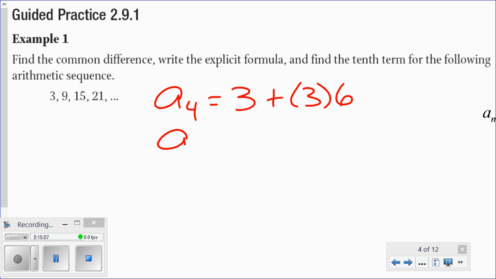So if we had a sub n, 3 is our a sub 1 value, right? Our starting value. A sub 1 plus n minus 1 times d. Okay? That is our explicit formula.